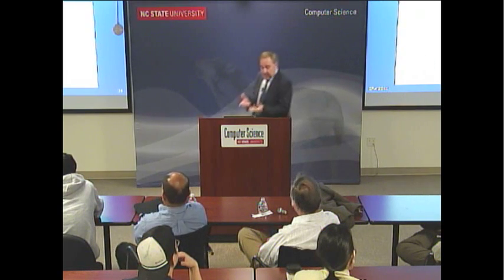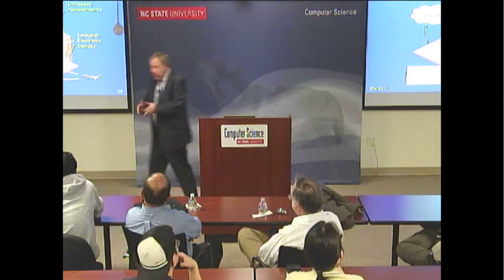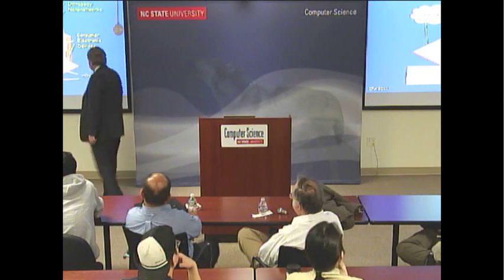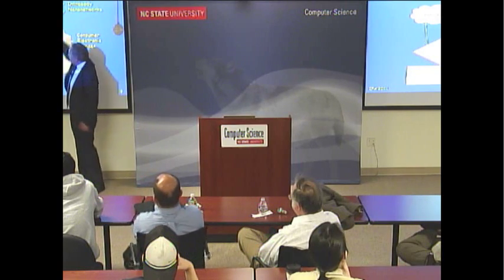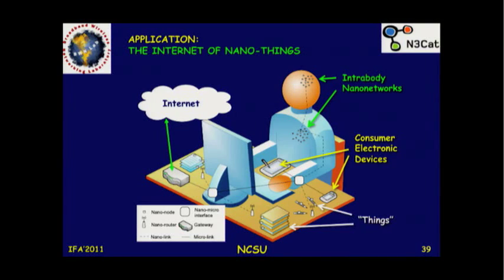So this will also be the kind of future internet after next, right? Everybody talks about the next internet. Here's the Internet of Nano Things. There's the Internet of Things, but also Nano Things. So you will have all these nano components, as you can see here, inside of the body, outside, and all the areas. And they will communicate, and they can also go through the Internet and have this kind of Internet of Nano Things realization.